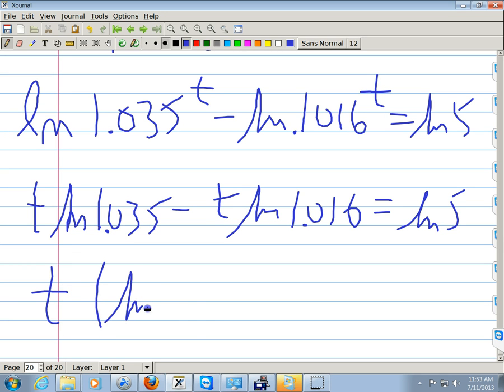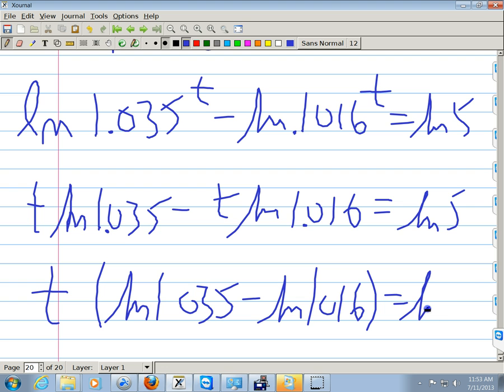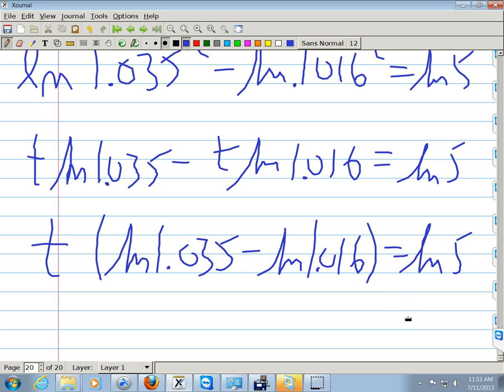and you're left with ln of 1.035 minus ln of 1.016 equals ln of 5. And again, the decimals don't show up, so here it is, and here it is. So one more step to get T alone. All you got to do is divide by that mess.